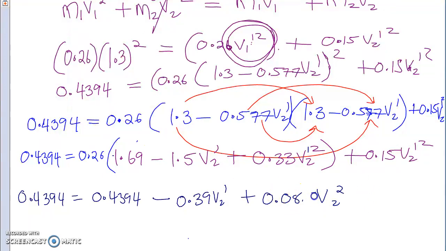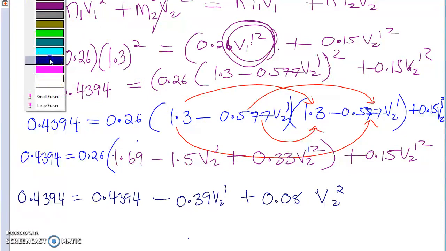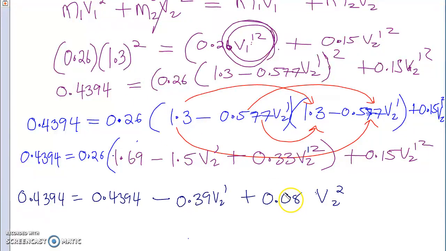Okay, fine. 0.086 plus 0.15 V2 prime squared.